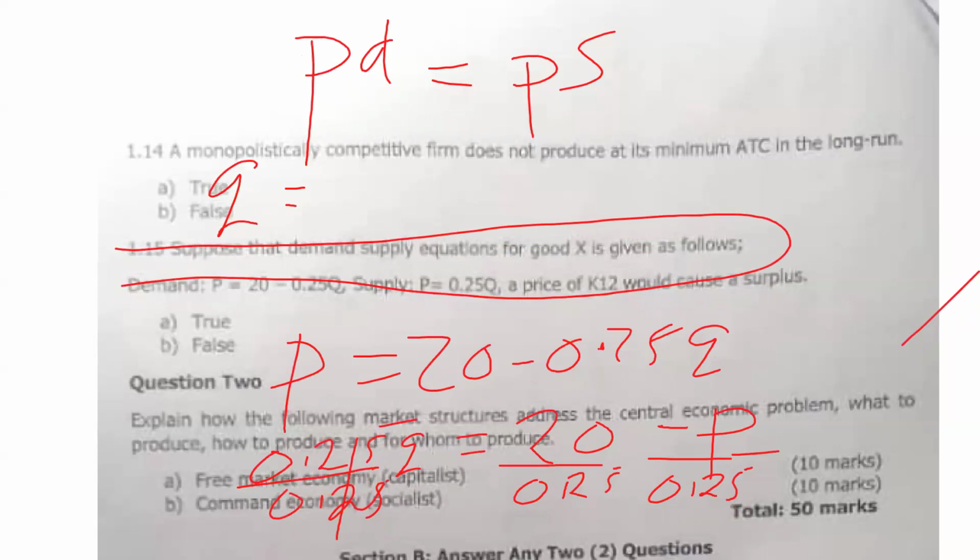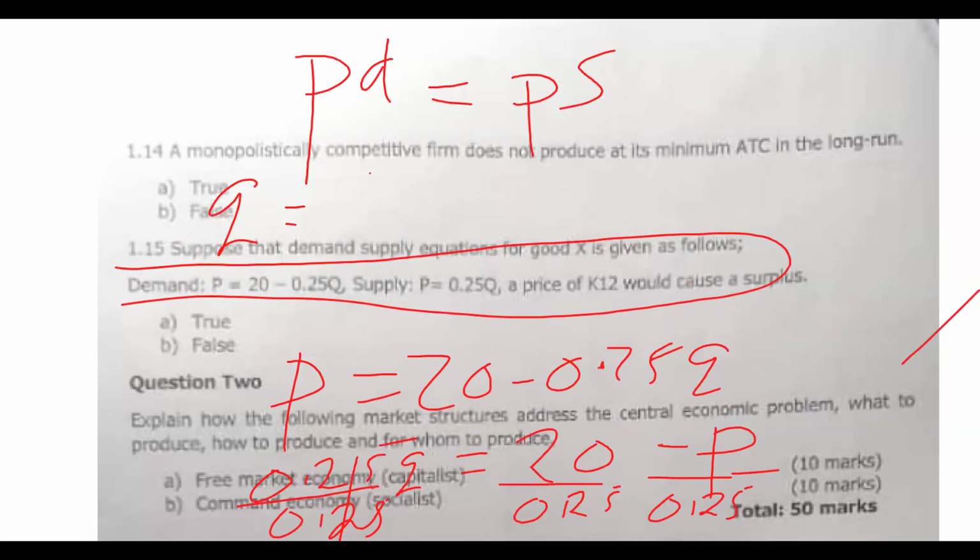So I have 80 minus, and there is an invisible 1 here, from basic algebra, where there is P. So you could simply divide 1 by 0.25.